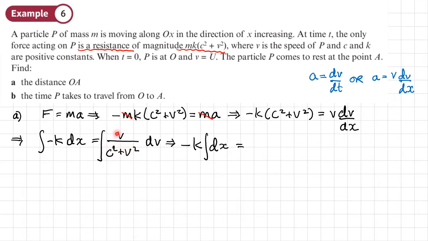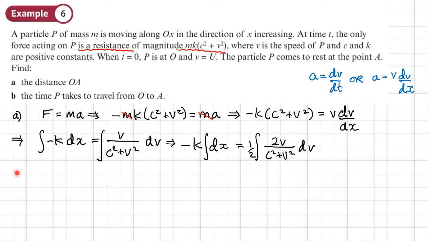The top is like the bottom differentiated, so this is like the f dash of x, but this would have 2v if that were the case. So I will make it 2v, so it is exactly the bottom differentiated, and then add my adjustment over here, half, to keep it all balanced, and then I know it's just log of the bottom.